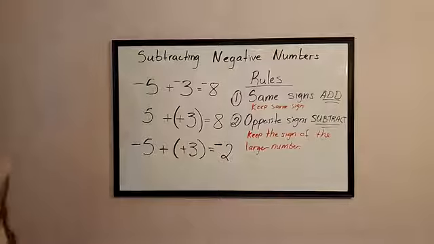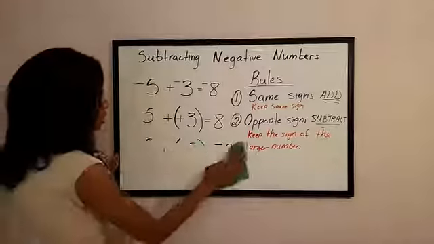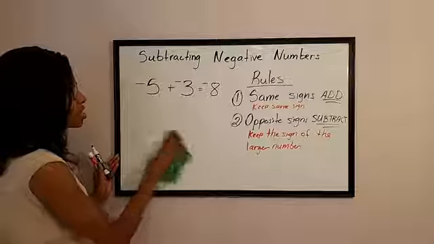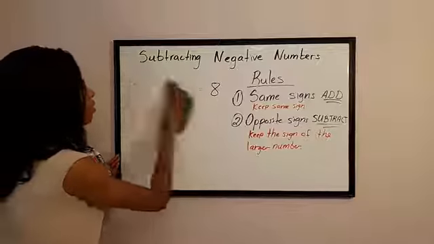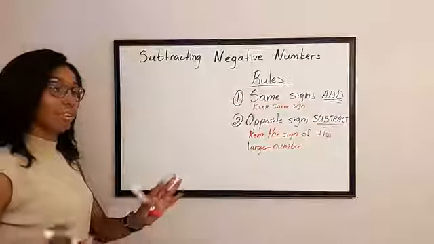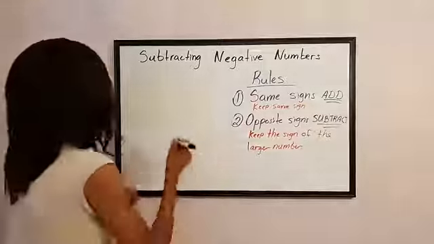All right? So what we did, we were able to use our same two rules as long as we added an extra step in there, and that step was to change your subtraction into addition and to change the sign of that second number. All right? So if you're taking notes, and I'm a teacher, so I'll give you notes, all right?